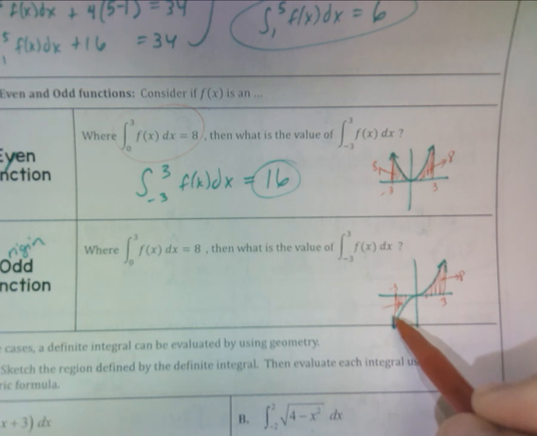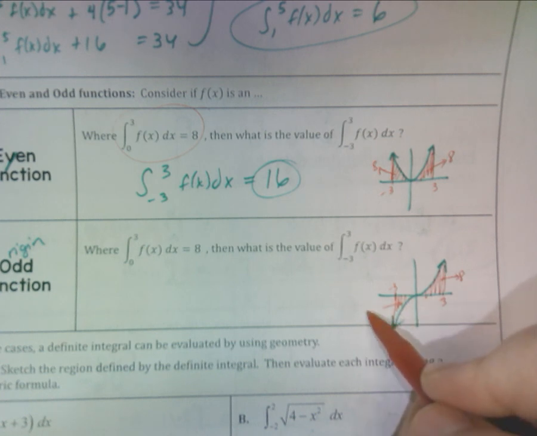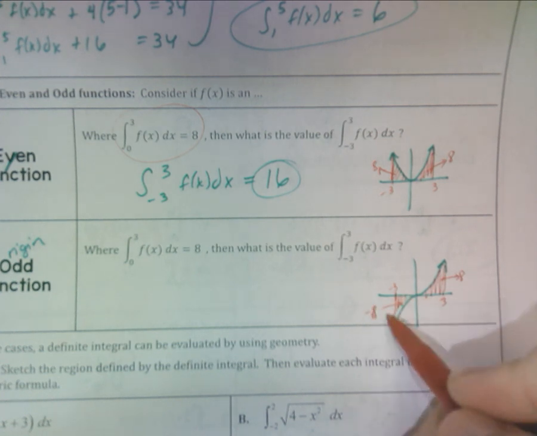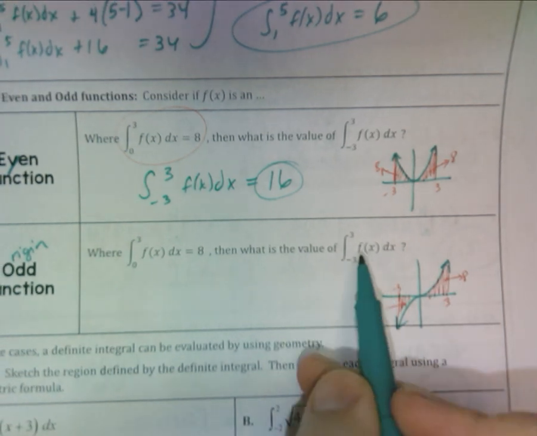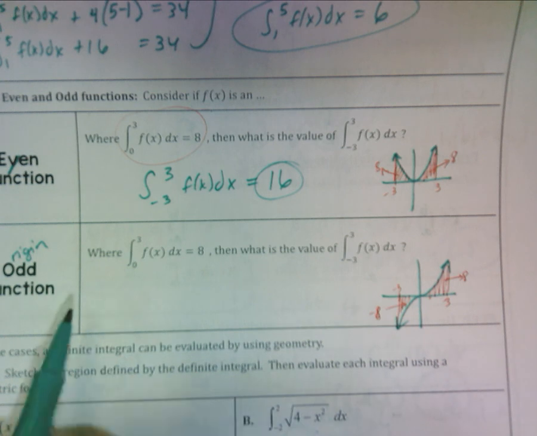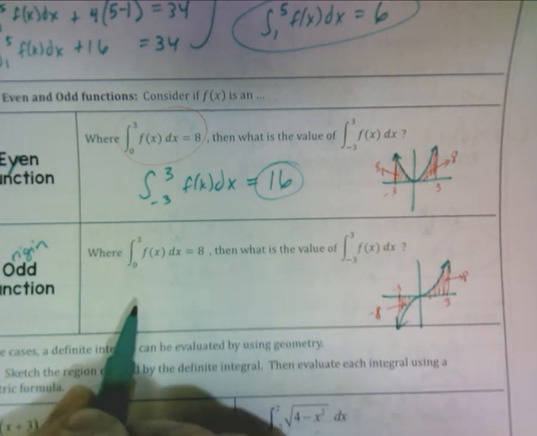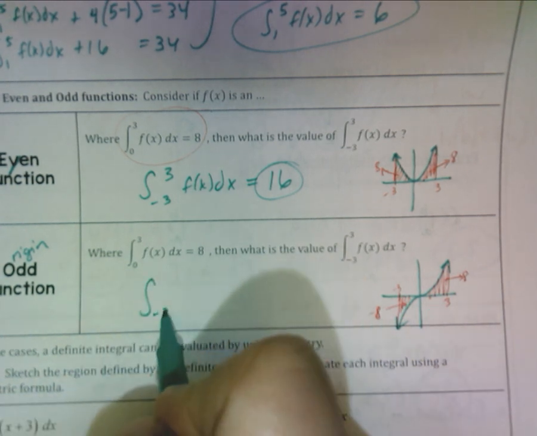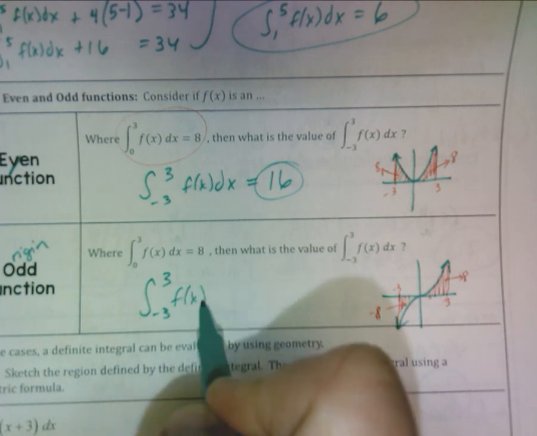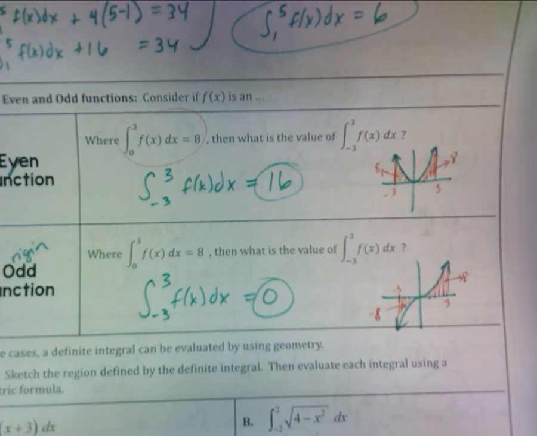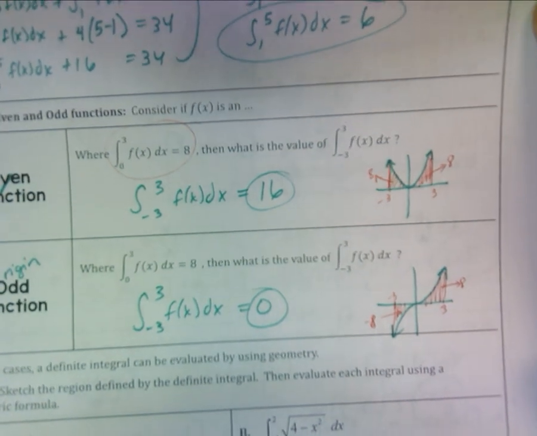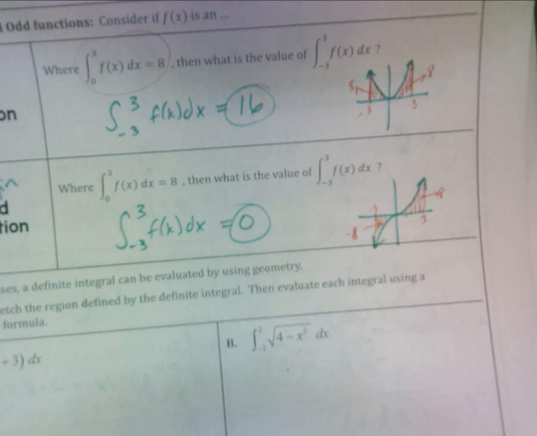It's not 8. It's what? It's negative 8, right? It's under. So then what would you tell me this antiderivative would be equal to, from negative 3 to 3 of the function? 0.